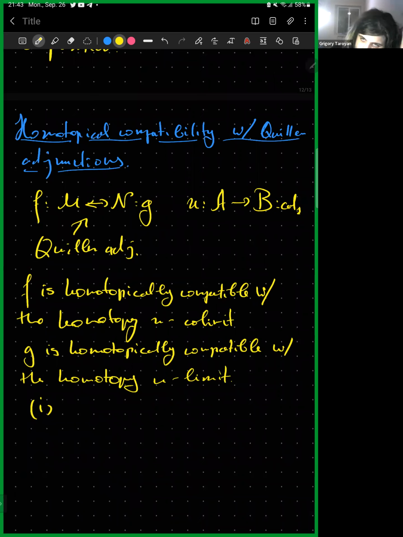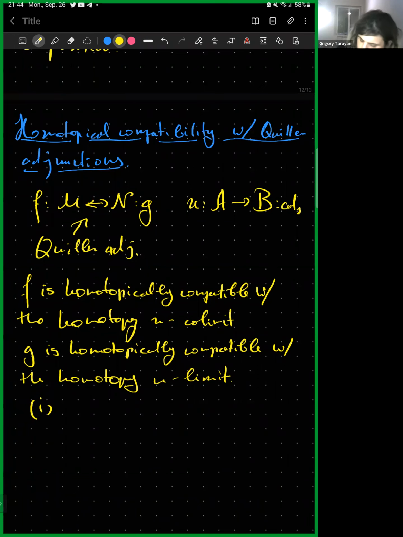So the idea is that the composition of the colimit functor and the functor induced on categories of diagrams by the functor F is weakly equivalent to the composition in the other order.